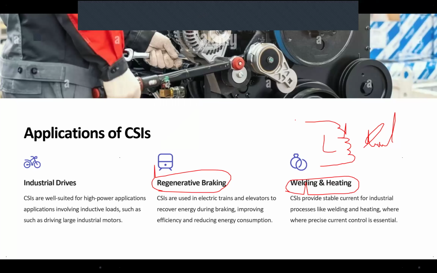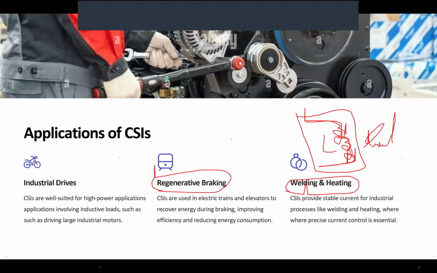Okay, your answer is correct, but let's look at it from a different perspective. What is the main characteristic of an inductor when we talk about the voltage and current? It causes the current to lag the voltage.